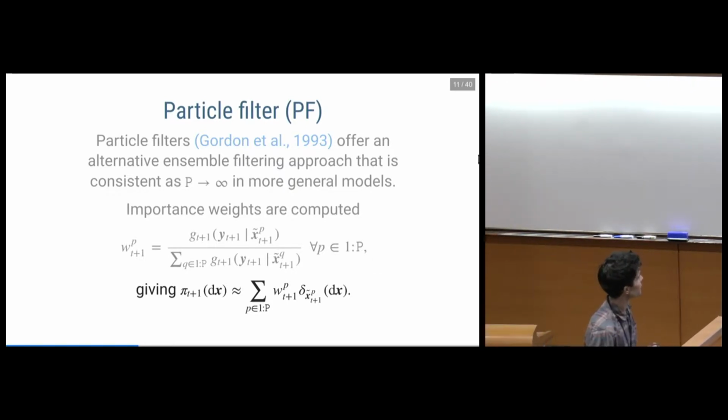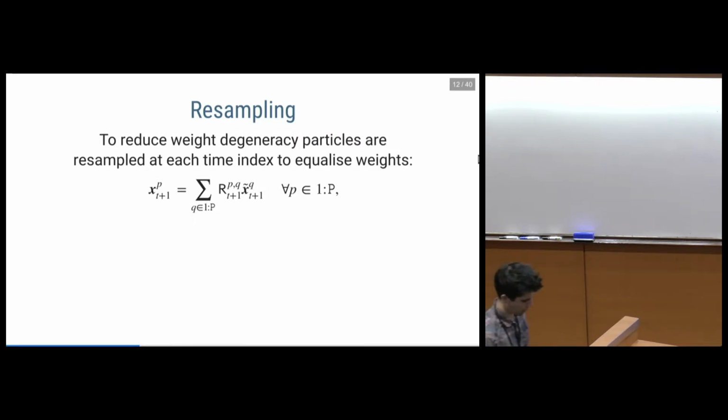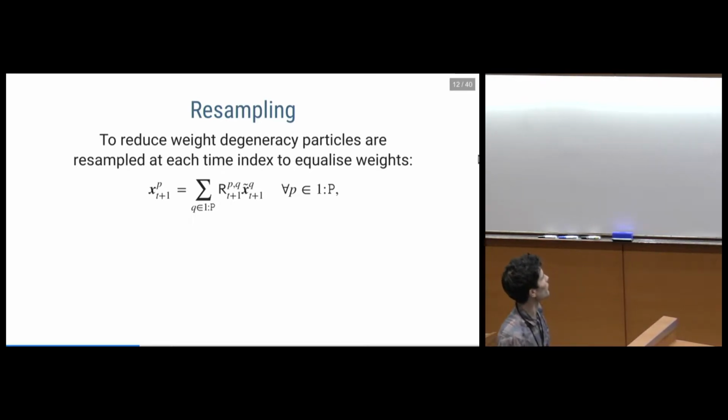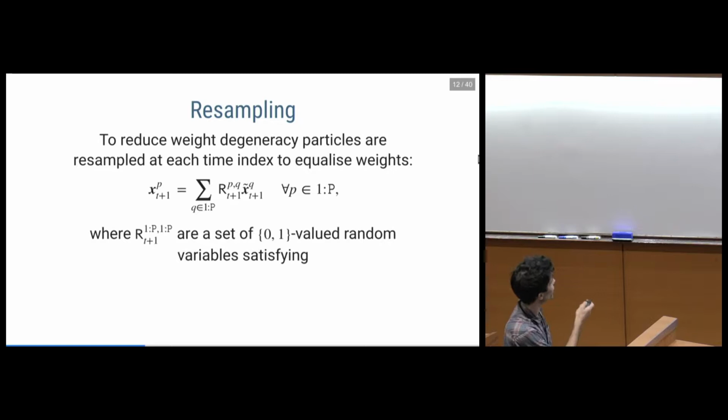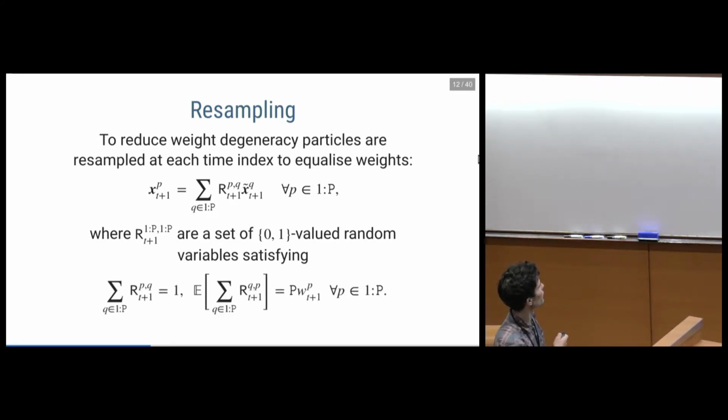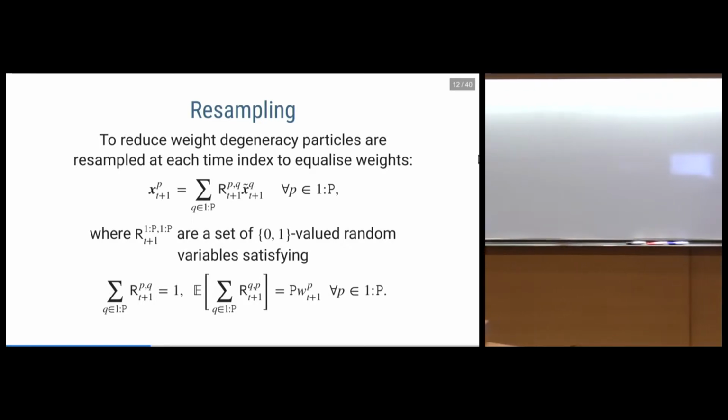So in practice, once we recurse this algorithm, we do resampling to try to re-equalize the particle weights. So we try to create more copies of the particles with high weights and eliminate particles with low weights. We can parameterize this resampling as drawing a series of binary 0, 1 random variables that we'll denote R here, which satisfy certain conditions. For each particular column of this matrix, we want there to only be one variable equal to 1 with the rest 0.